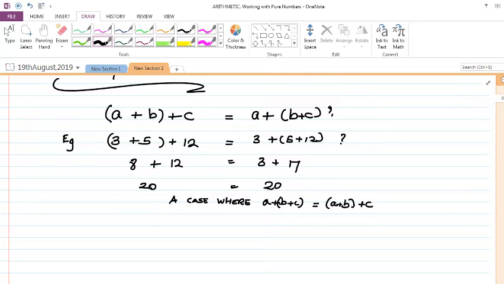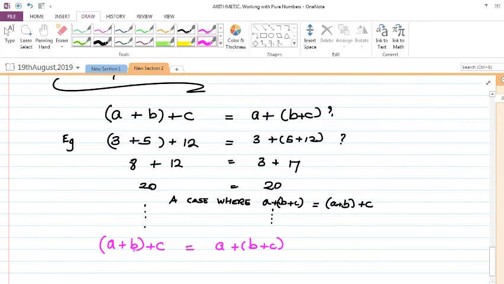Now in D, we try as many numbers as possible, we'll always find this to be true. So we try more and more and more examples. We'll find, for all values that we can find, that A plus B plus C is equal to A plus B plus C. Okay?